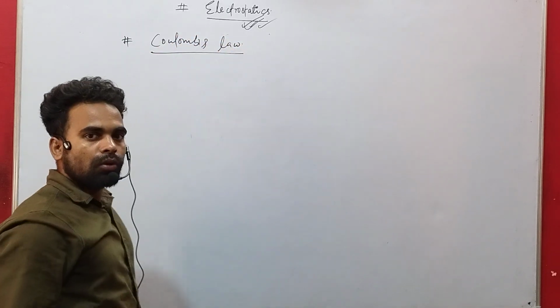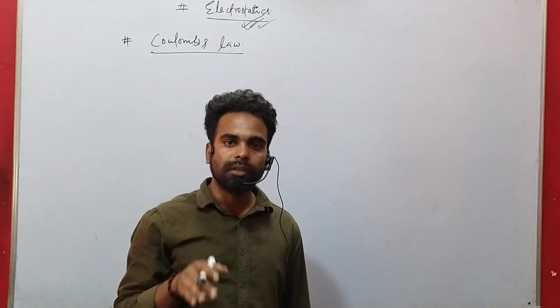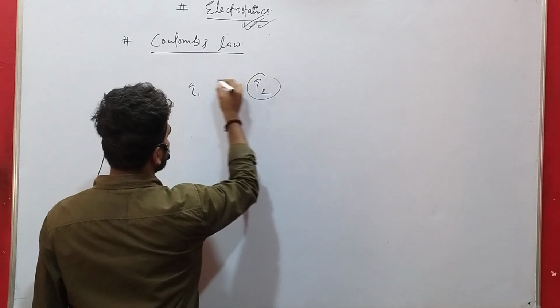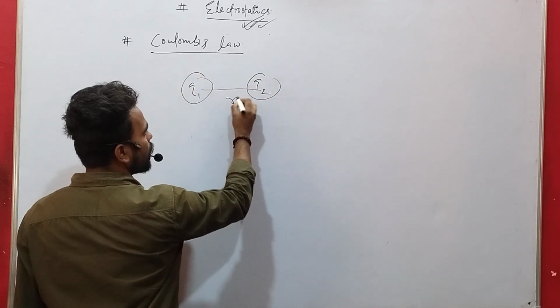What is Coulomb's law? Coulomb's law shows the attraction between charges. Here the charges Q1 and Q2 are separated at a distance of R.